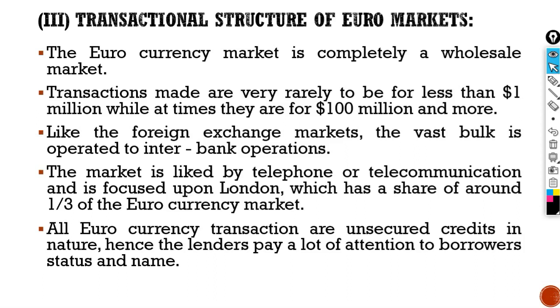So it is not given to anyone. The money is usually lent only to those who are financially strong and have very good goodwill. So these were the three components of the euro currency market.